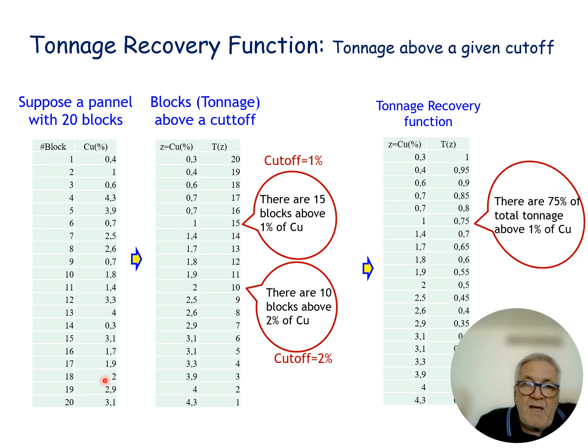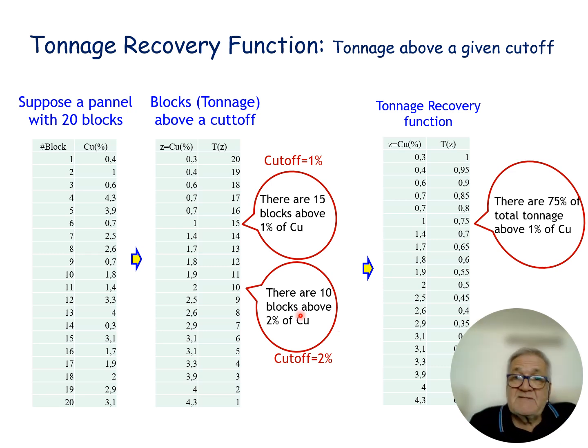We just rank the grades in increasing order, and you do the same for the number of blocks. Above the minimum grade you have 20 blocks, above 0.4% we have 19 blocks, etc. For example, there are 15 blocks above 1% of copper. There are 10 blocks above 2% of copper.